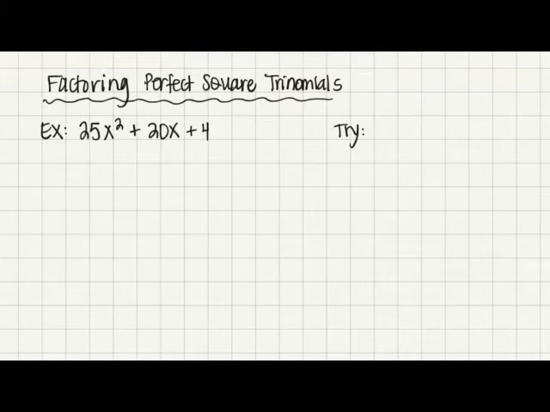So perfect square trinomials, remember, they've got that squared first term, that squared last term, and then the middle is the first times the last doubled.